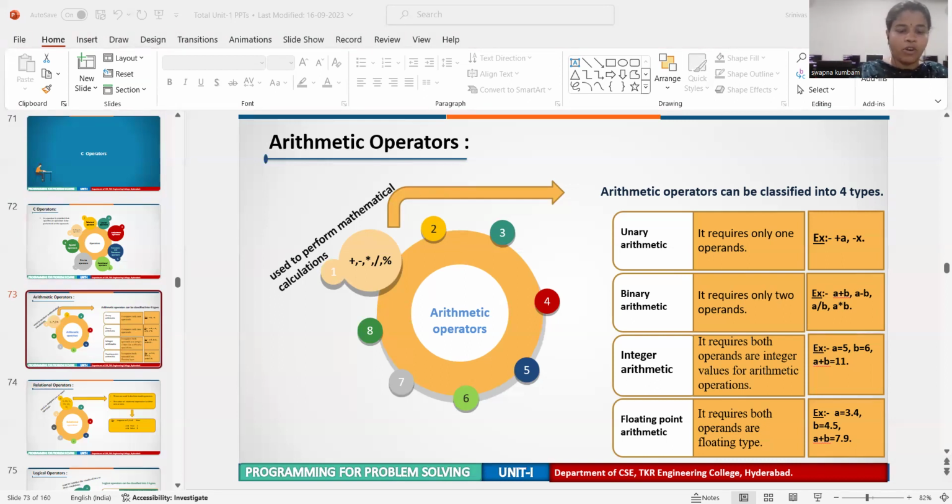So what are the arithmetic operators we have? Addition, subtraction, multiplication, and division.